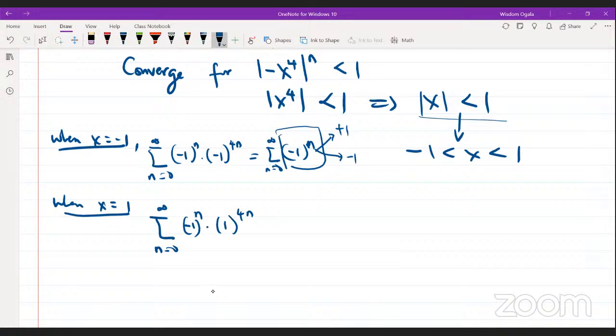In fact, if you don't want to go this way, you can combine the exponents, and I could have also gotten negative 1 to the power of 5n. That power is still odd.